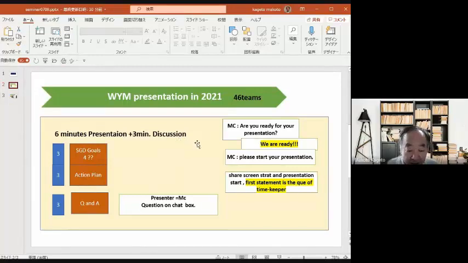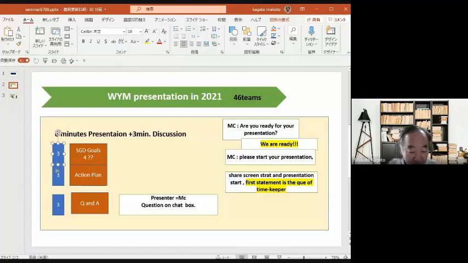So as the student from the Higashi High School in Osaka asked how to enter the Q&A session: you talk about the SDGs and continue for 6 minutes.